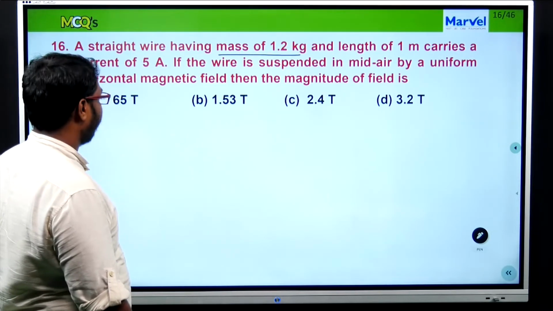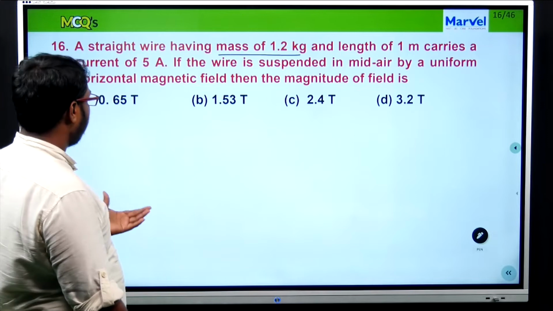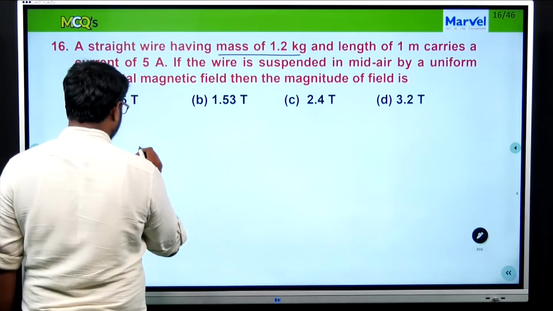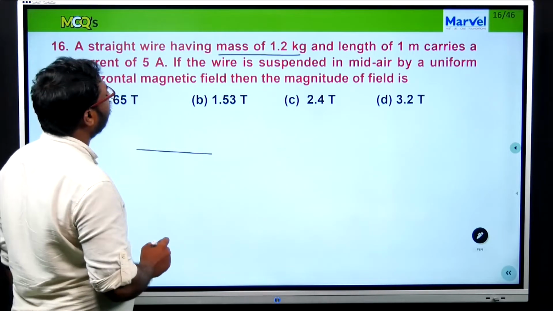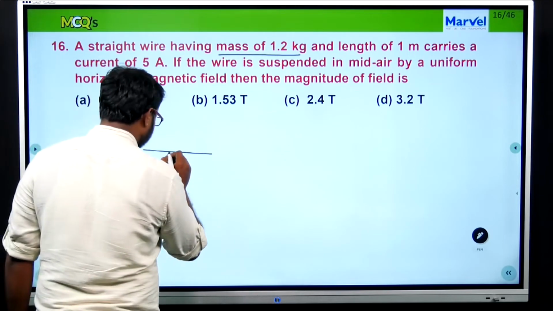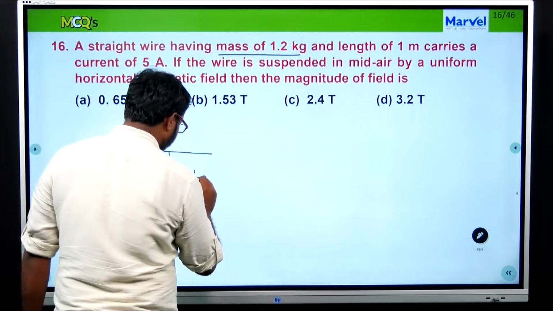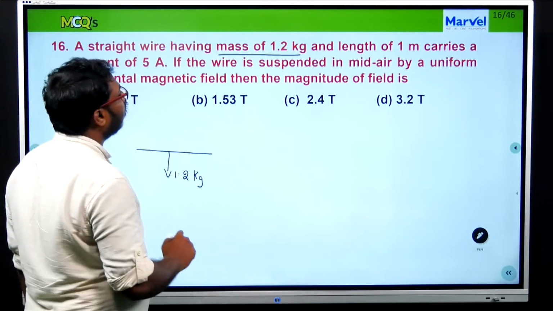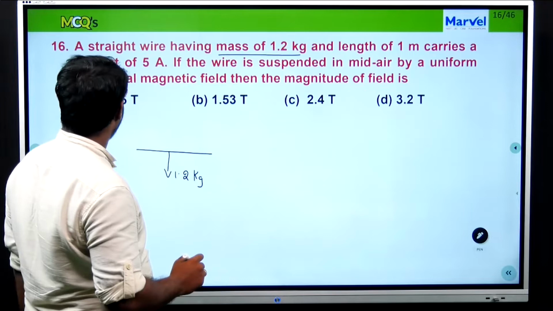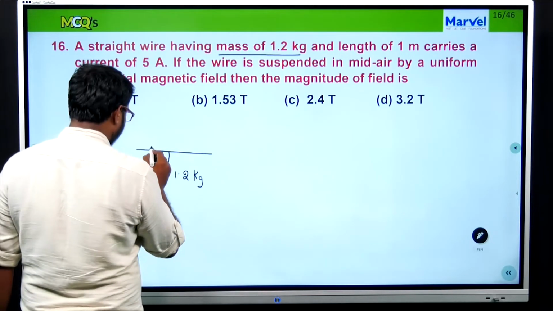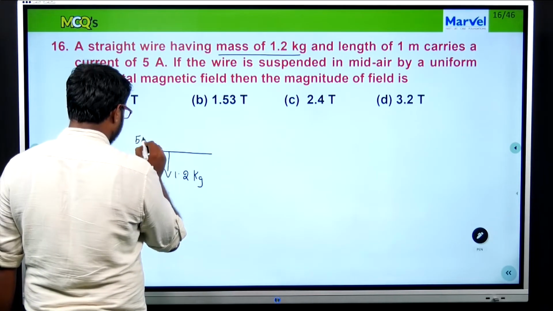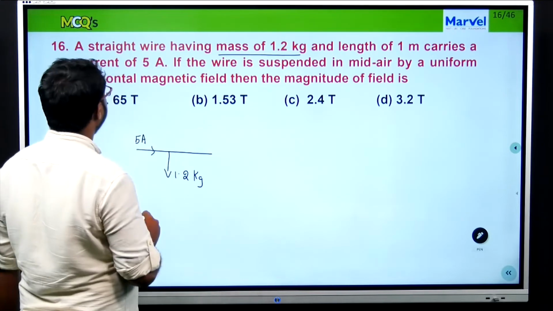So now what happens is, we are using a straight wire of a particular mass, which is 1.2 kilograms, right? And the length of the wire is 1 meter and it carries a current of 5 amperes.